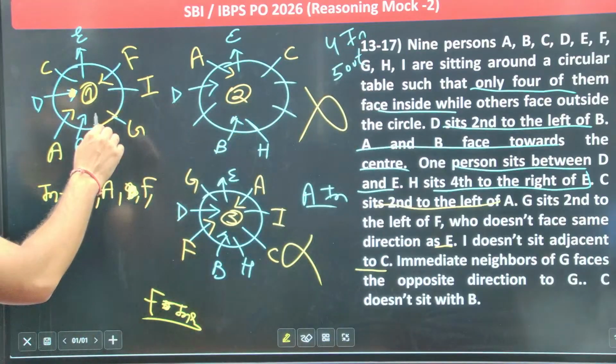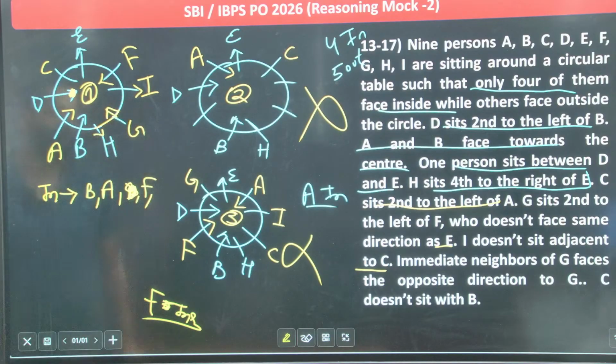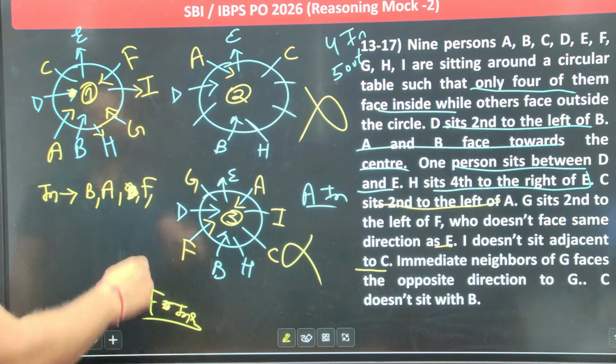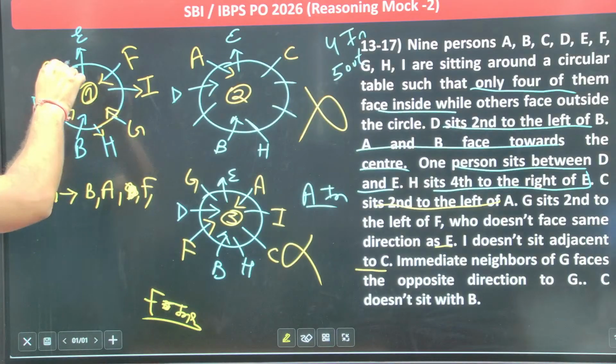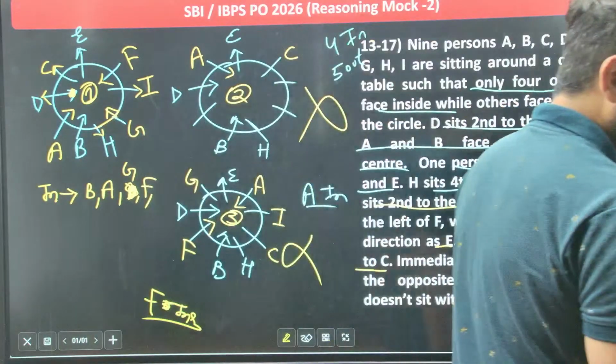That means I can make G inside, and I and H outside. Now this is your solution. Remaining D also outside, C also outside. 4 inside: B, A, G, F. Can you please cross check if you are solving?